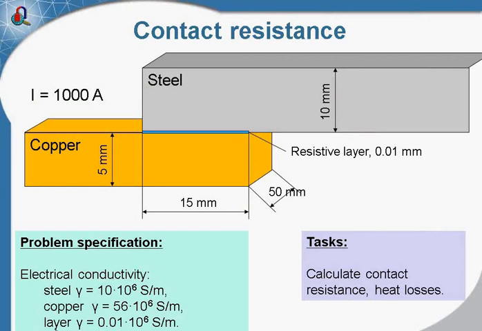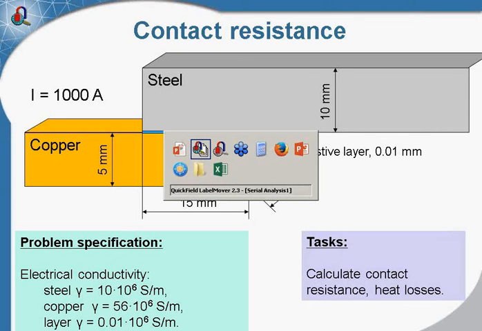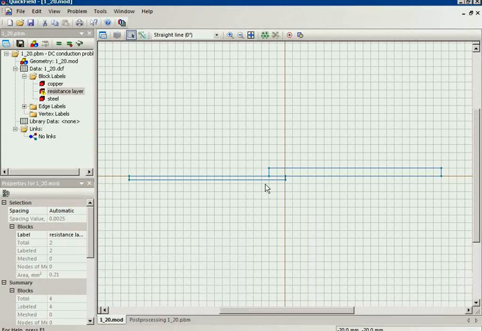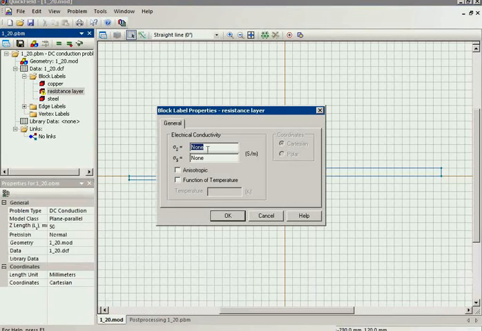But at the same time, the electric conductivity of this layer is 1,000 times smaller than the electric conductivity of the steel. Now let's simulate this case and take a look at what happened in this contact area. But first I should specify the electric conductivity of the resistance layer.